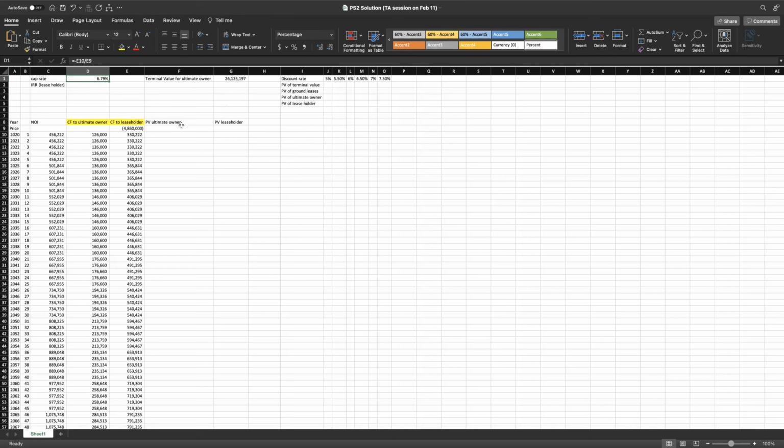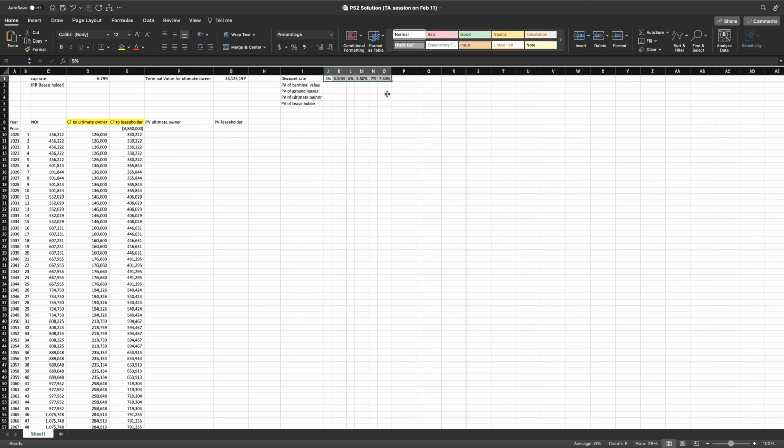Next thing I want to talk about is these two columns, which is the present value for the cash flow. As I said, when you evaluate a stream of cash flow, you don't sum them directly. You should use the present value. And what should be the present value? Then it depends on what discount rate you're using. In the later questions, the problem set asks you to hypothetically use different discount rates that are listed here.